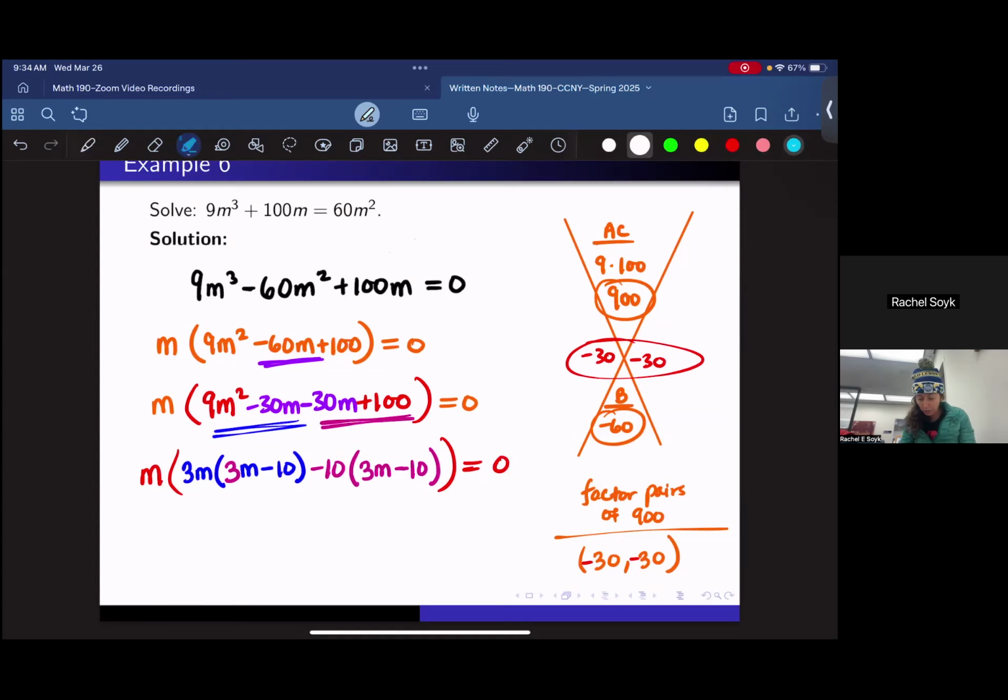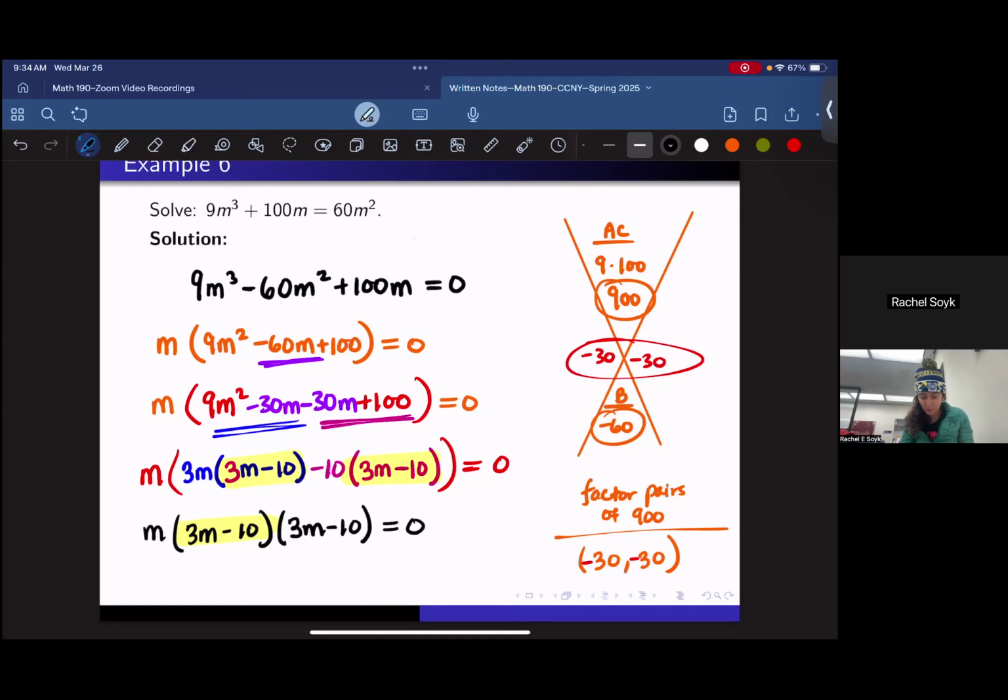So if we did everything correctly with the factor by grouping, what we have in parentheses is exactly the same. And so altogether, what do we have? We have m in parentheses, 3m minus 10, close parentheses, 3m minus 10. It's equal to 0.